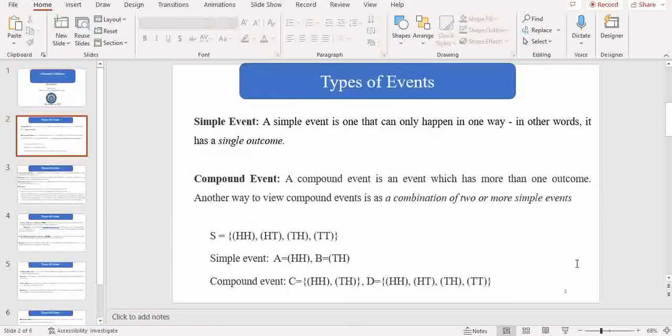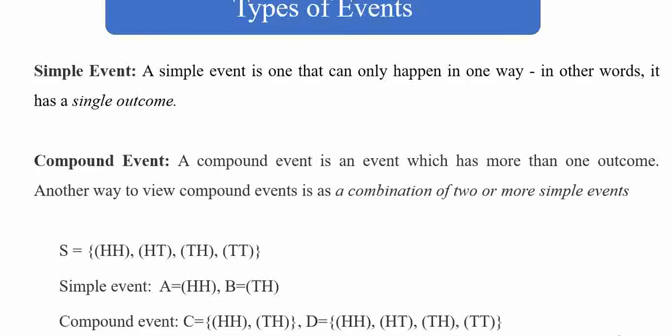Okay, so we'll start with the simple event. What is meant by a simple event? A simple event is one that can only happen in one way, or in other words, it has a single outcome.